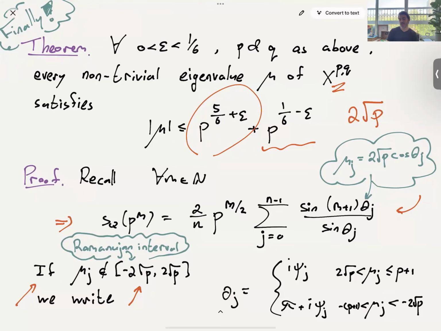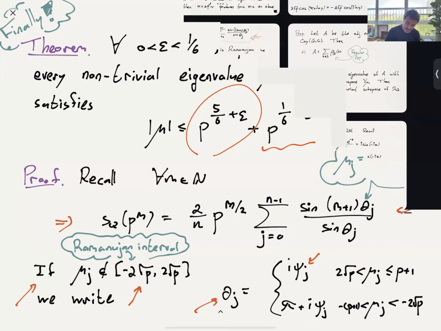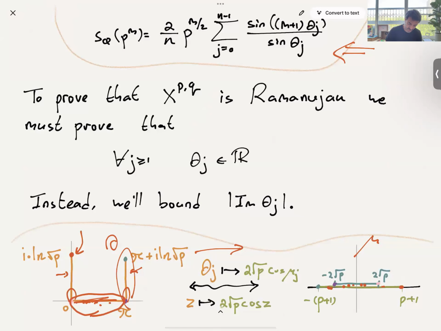So let's denote that imaginary part by psi j. Right, so you can write theta j as either i times psi j if you sit at this right bit of these three segments, or maybe pi plus i psi j because maybe you sit at the second one. So the real part is either 0 or pi, but there is an imaginary part between 0 and ln square root of p.